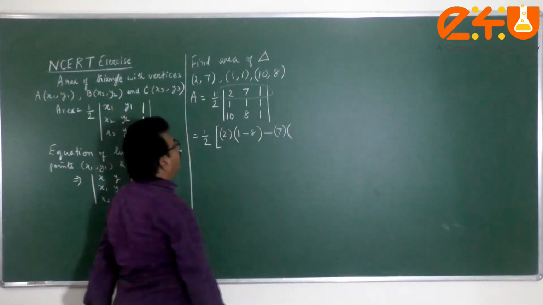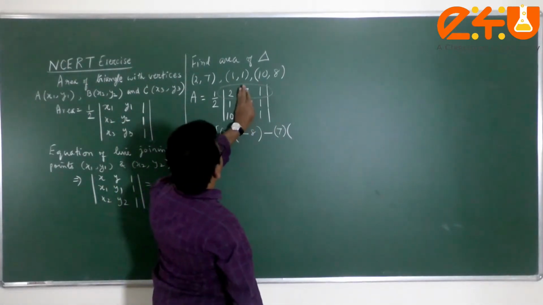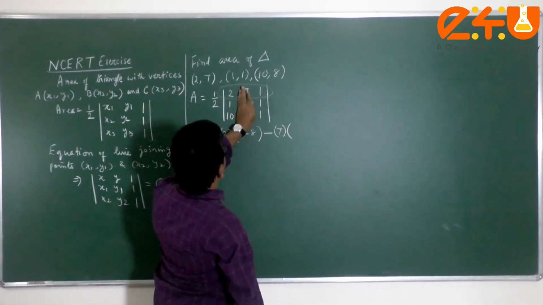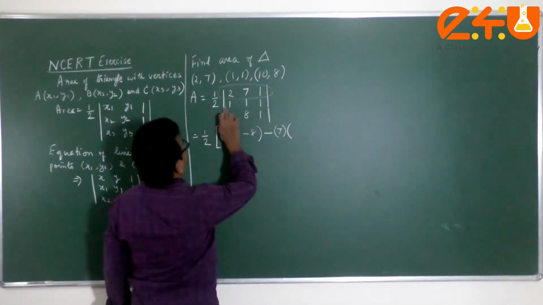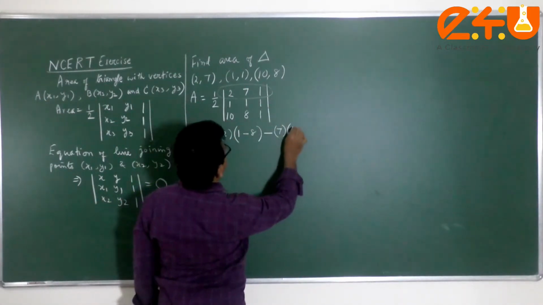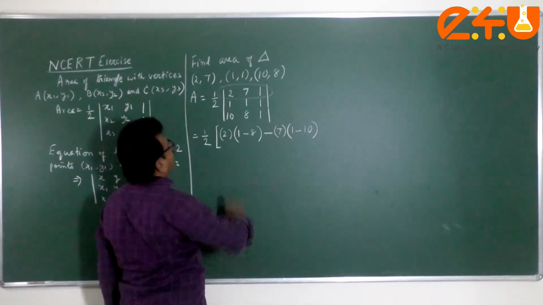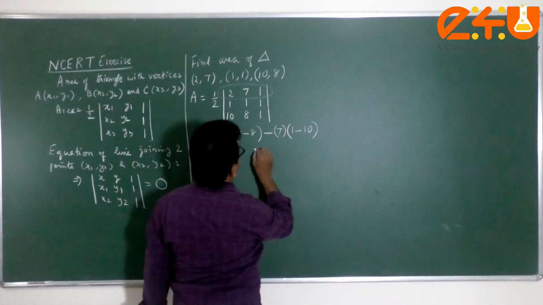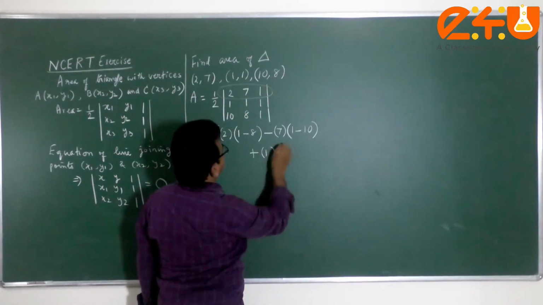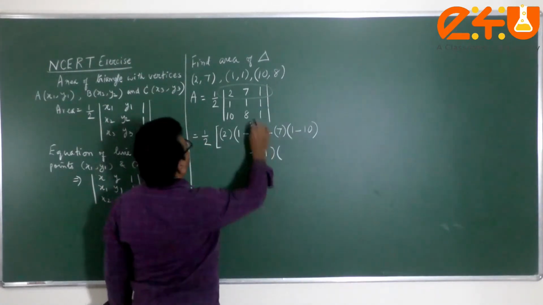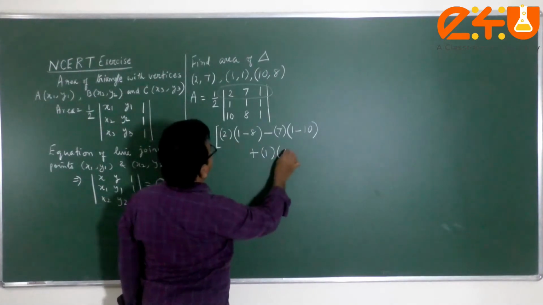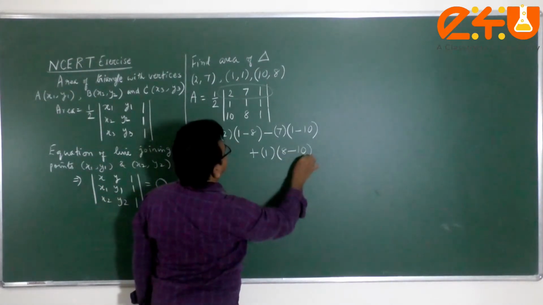What is the corresponding minor? So the method is ignore column 2. So you get 1, 1, 10, 1. So the product is 1 minus 10. Followed by the next, A13 element 1. Followed by the cofactor, which is 8 minus 10.